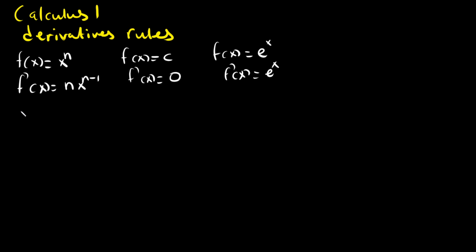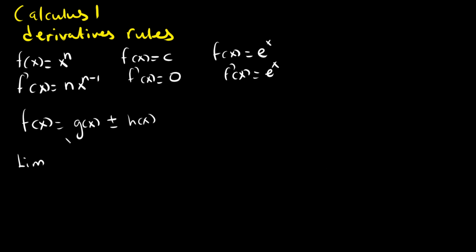So let's do some derivative rules. The first and easy one, we have already seen this. I kind of imposed these rules in my previous video, but right now we're going to go deep into the rules and how to prove them.